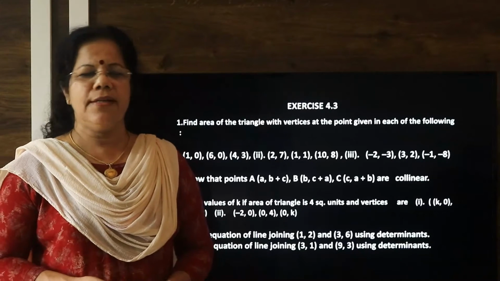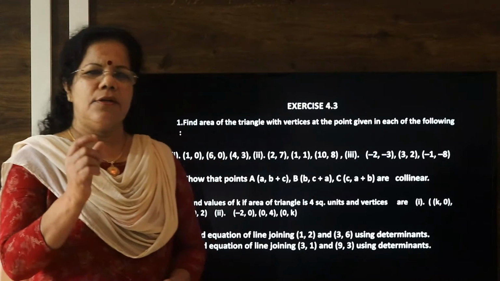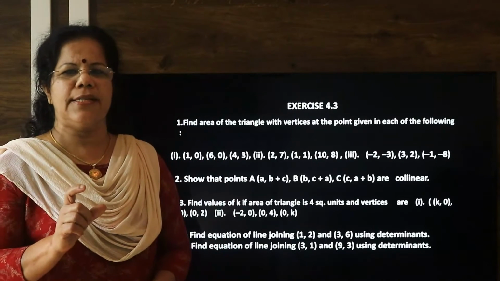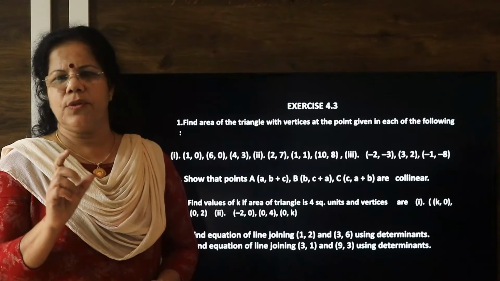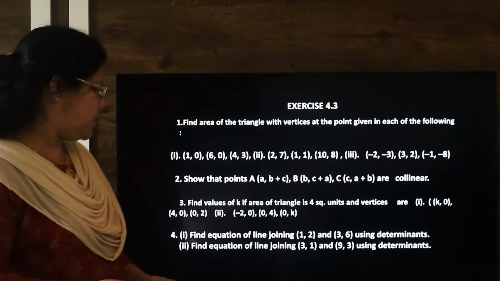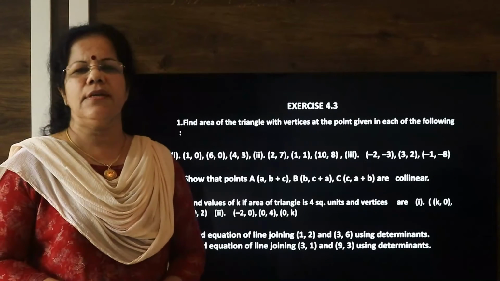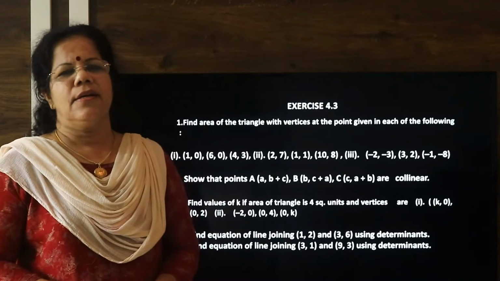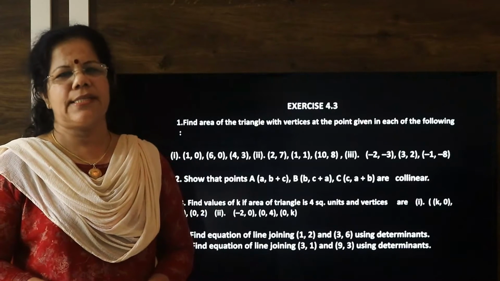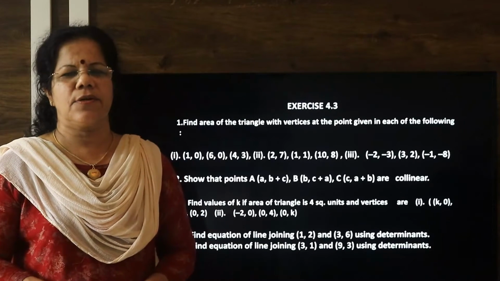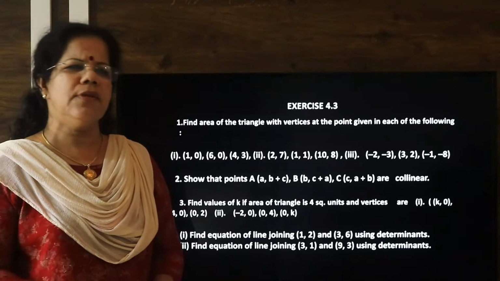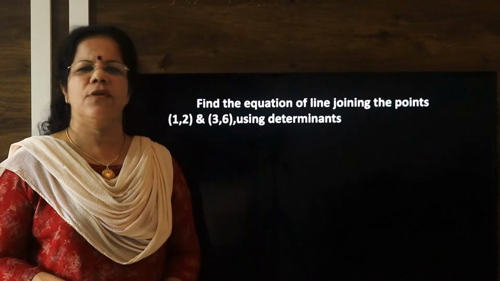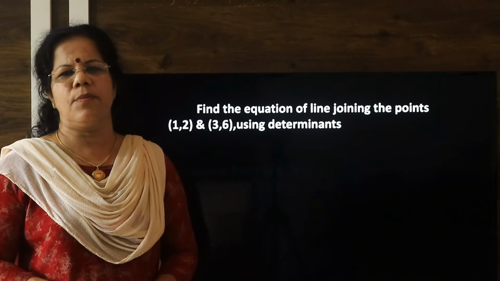Now the fourth one, find the equation of the line joining two points. Only 2 points are given, that is 1, 2 and 3, 6. Using determinant, find the equation of the line joining. Here in the delta equation, the third row we will write x, y, 1 because we will consider P(x, y) to be any other general point.